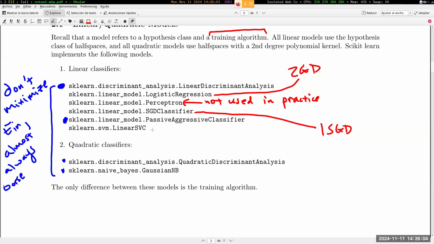The linear SVC down here also uses two gradient descent. It just uses the hinge loss instead of the log loss. So whether you use the linear SVC or logistic regression is a matter of preference, but they're basically the same as logistic regression.